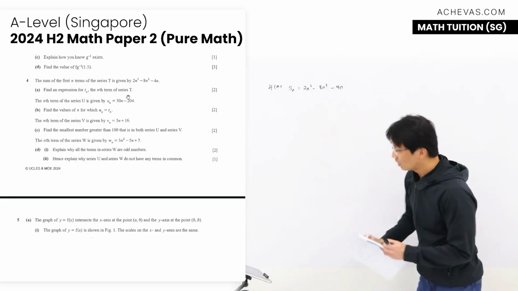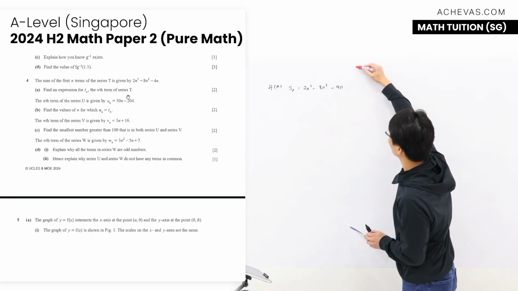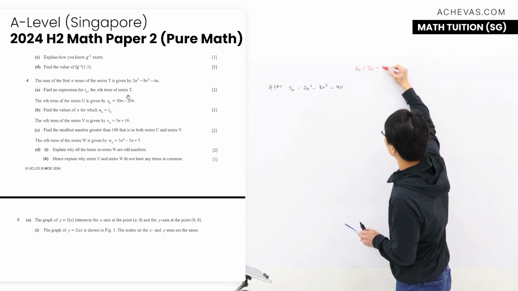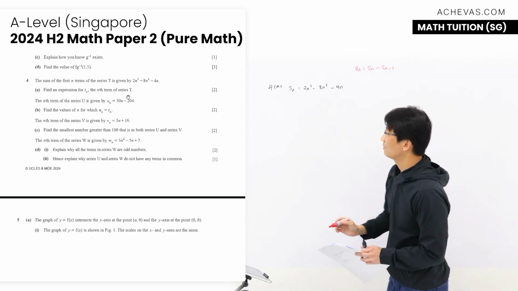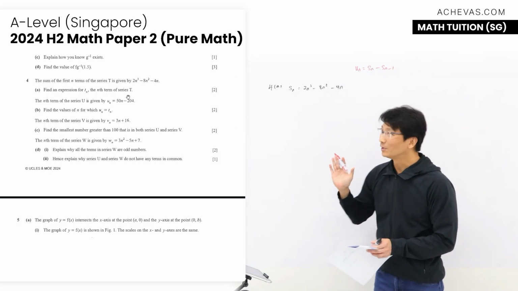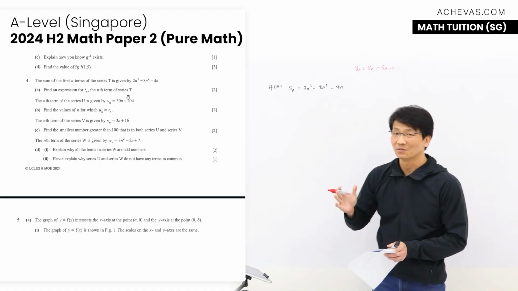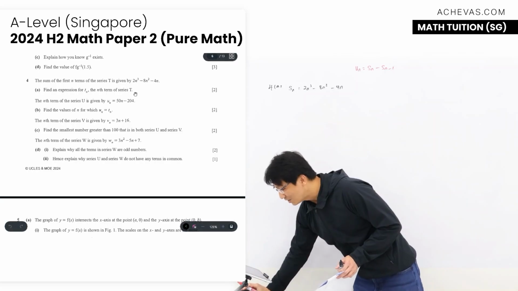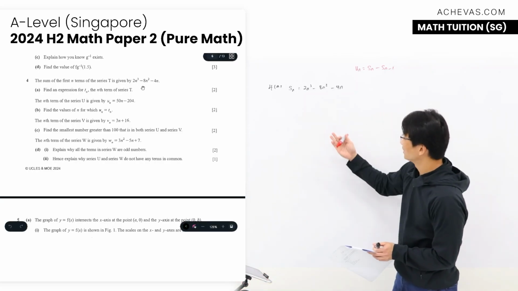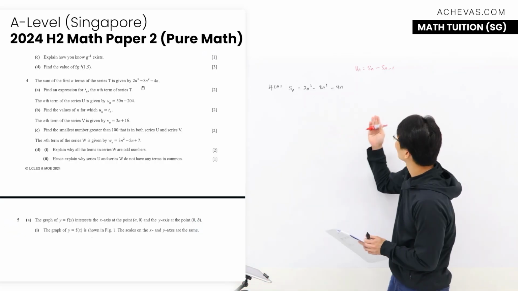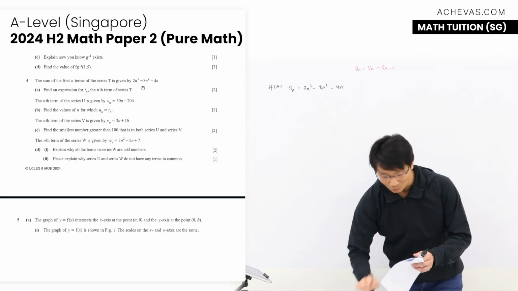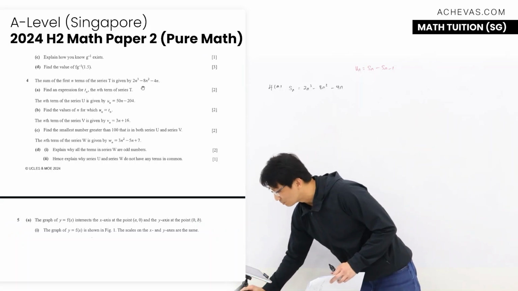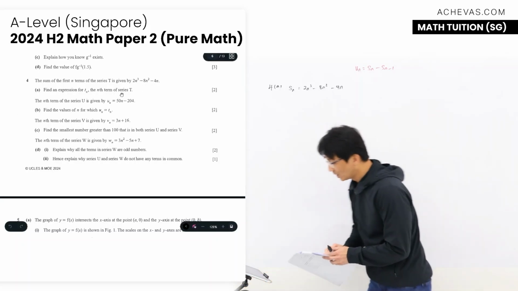In order for us to find the general term, we can make use of this formula here, which is Sn minus Sn minus 1. In fact, this formula can be applied to any kind of series, regardless of whether it's AP or GP. Like in this question, we didn't really know what kind of expression this is, but we can still make use of this equation to find the nth term of t.